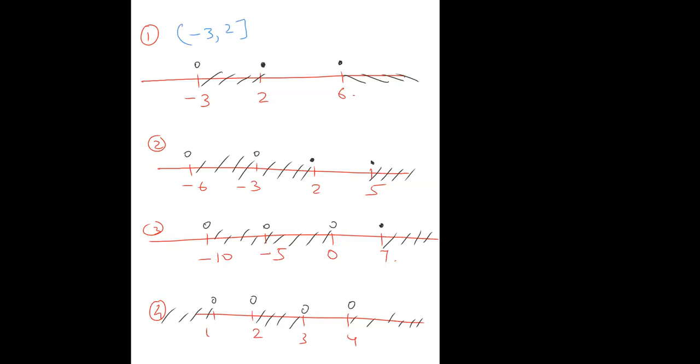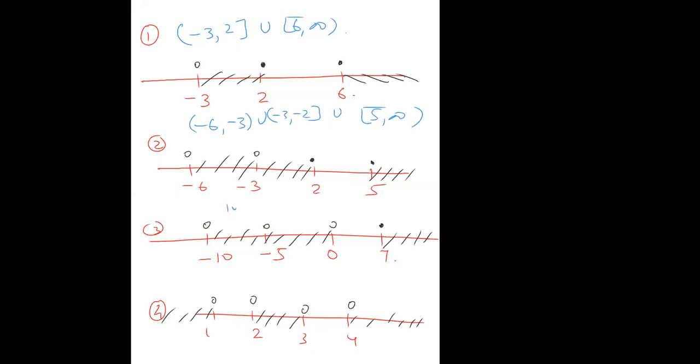2 union 6 to infinity. -6 to -3 union -3 to -2, again -6 to -2 taking, you can remove -3. Union 5 to infinity.